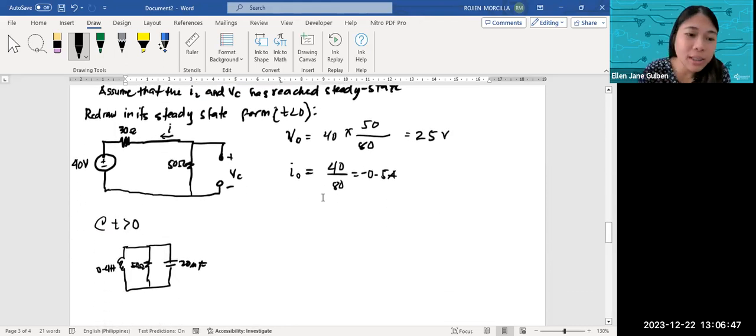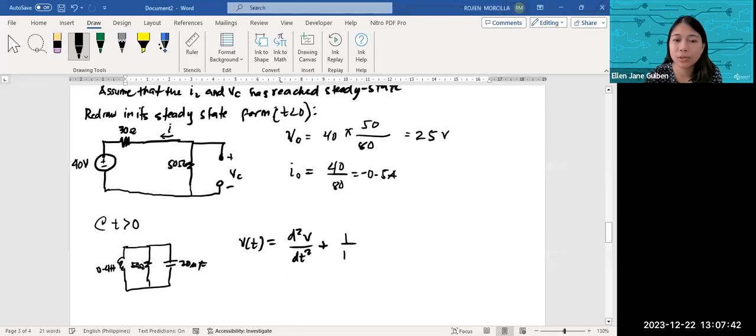Okay, so we already solved parallel source free, and we'll just copy that V of t. V of t is equal to d squared V over dt squared plus 1 over RC dV dt plus V over LC.